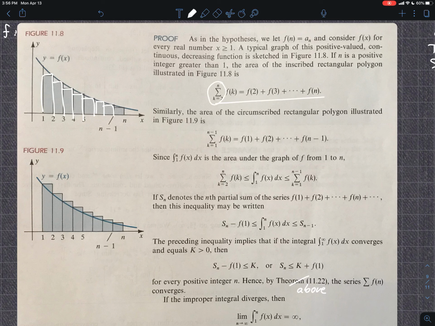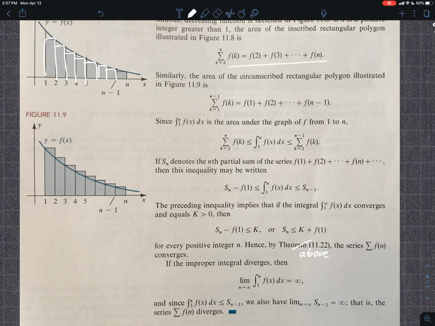And note you're starting at 2. Then you have the circumscribed rectangles, or the polygon, so it's this one. It's on the outside, and you have this sum, and you're going up to this value here, the f of n minus 1.